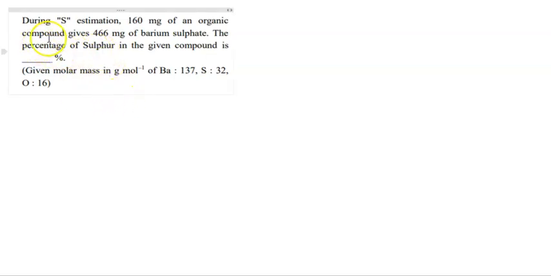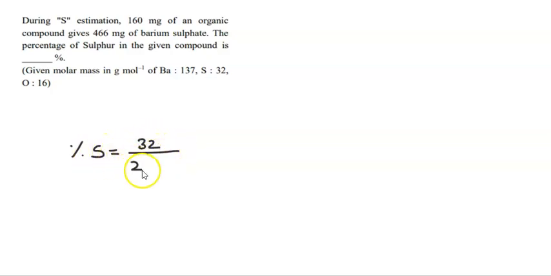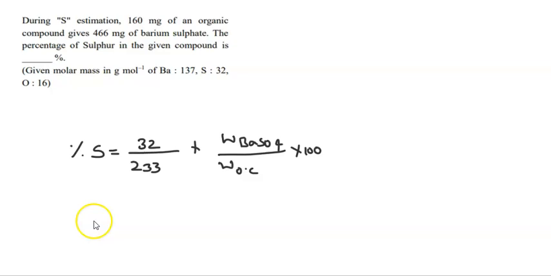In this question, during the estimation of sulfur, 160 mg of an organic compound gives 466 mg of barium sulfate. What is the percentage of sulfur in the compound? In Carius estimation, percentage of sulfur is equal to 32 by 233 into weight of barium sulfate obtained by weight of organic compound taken into 100.